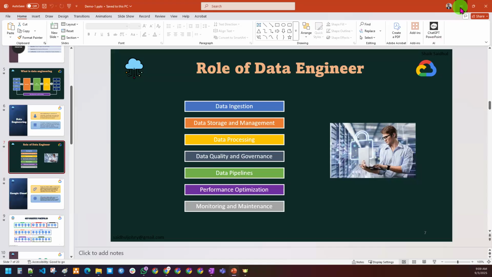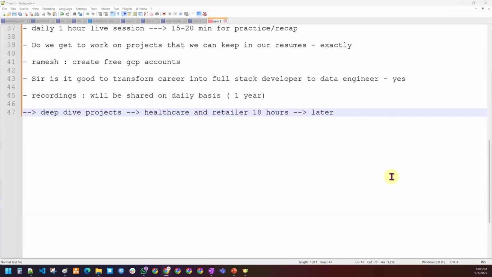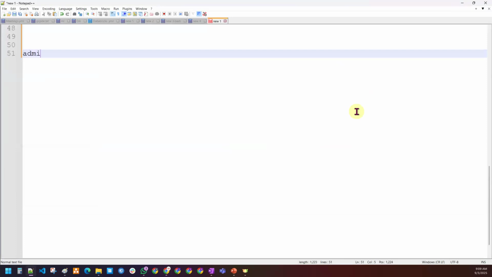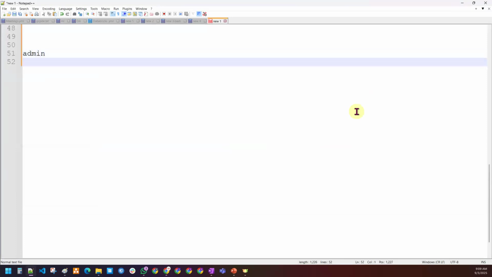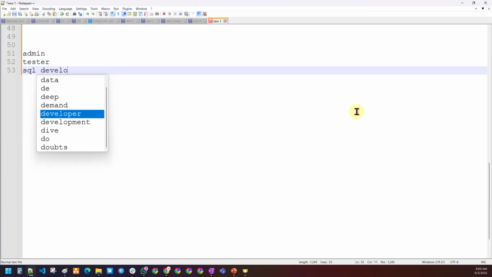People come to GCP data engineering from admin background, testing background, mainframes background, production, mechanical. So people come from different backgrounds, right? Some people say, "Sir, I'm an admin. Sir, I am a tester. Sir, I am working as an SQL developer.